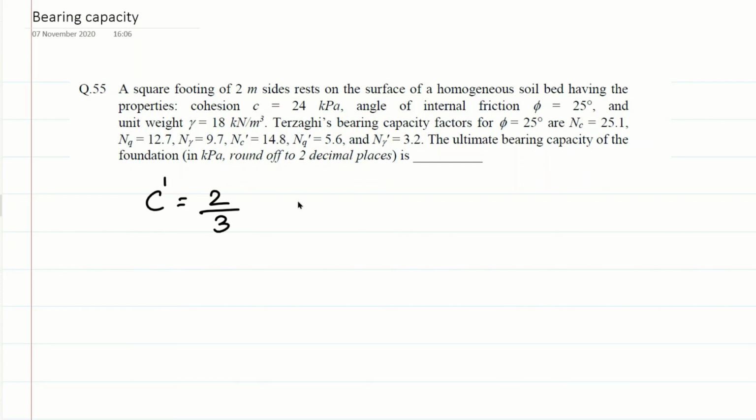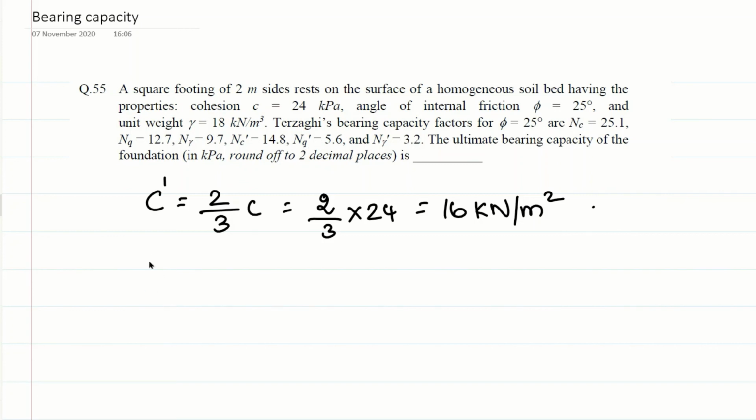Let us take this C as C dash. So 2/3 of 24 gives you 16 kilonewton per meter square. And you are supposed to use the bearing capacity factors corresponding to local shear failure, so use Nq dash and N gamma dash.